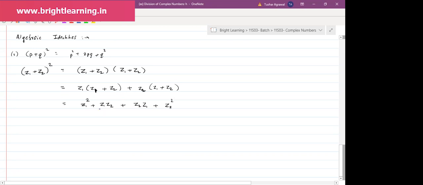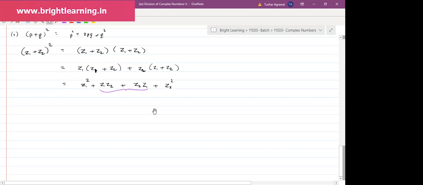Since the middle two terms are one and the same because of the commutative law, you can write 2 times Z1 Z2. At each step we are using some property of multiplication. If the commutative law weren't true, we couldn't have applied this identity to complex numbers.